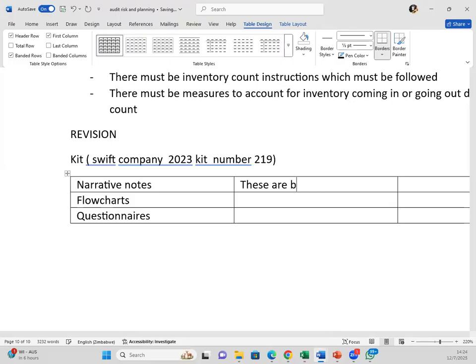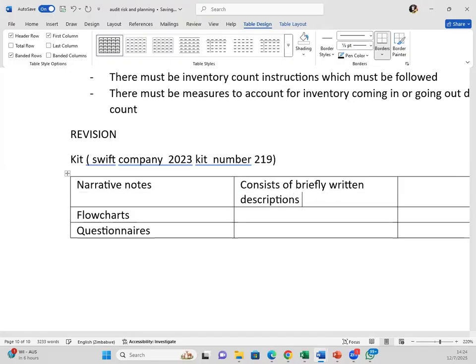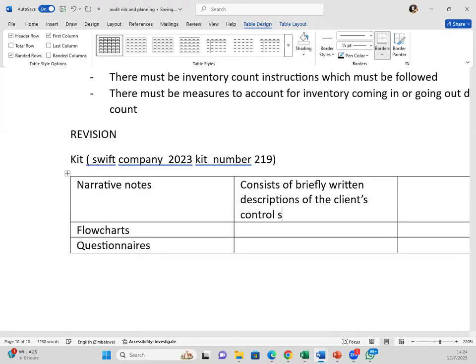We can say narrative notes consist of briefly written descriptions of the client's control system.